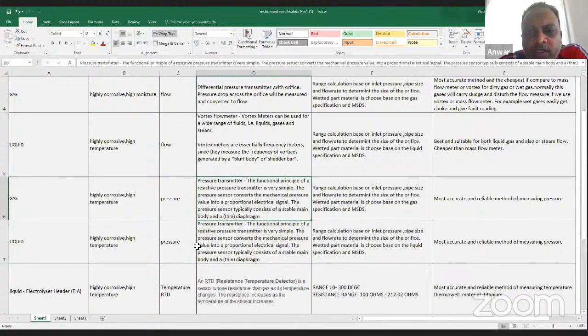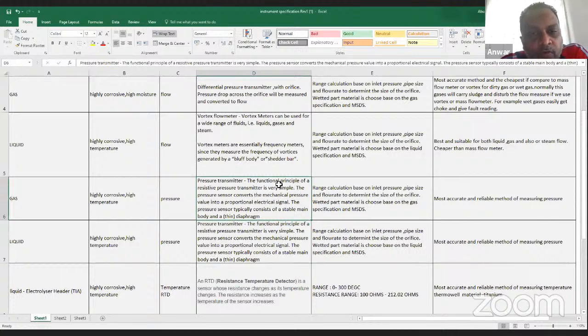So why do we choose a SIL rated one? Because we need it to be highly reliable. Because this string, if you have frequent failure, you will damage the upstream equipment such as the electrolyzer and the membrane, and the cost of damage will be very, very huge and substantial, impacting the company performance in terms of profitability and also the company reputation.